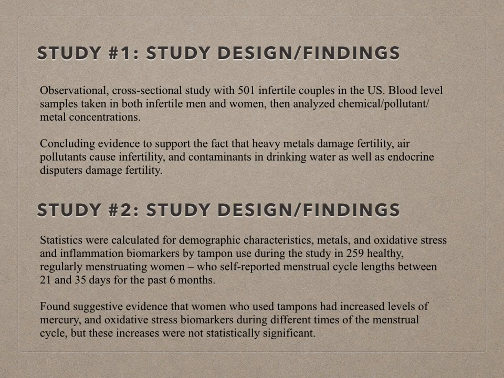This study found suggestive evidence that women who used tampons had increased levels of mercury and oxidative stress biomarkers during different times of their menstrual cycle, but the increases were not very statistically significant.